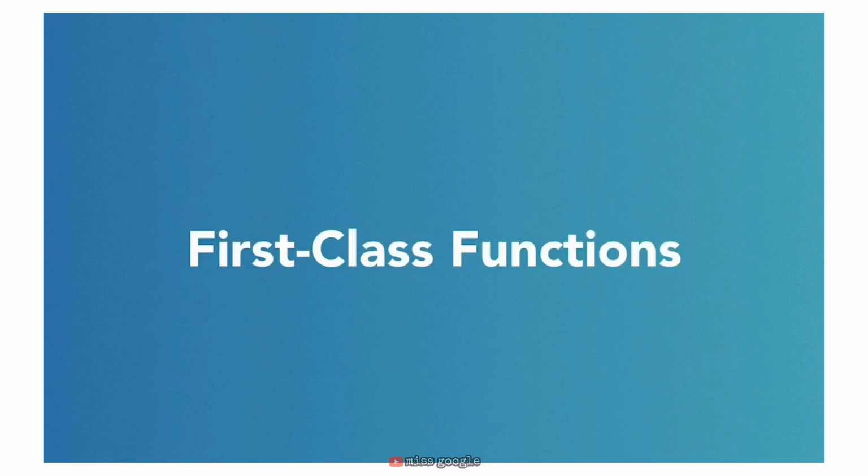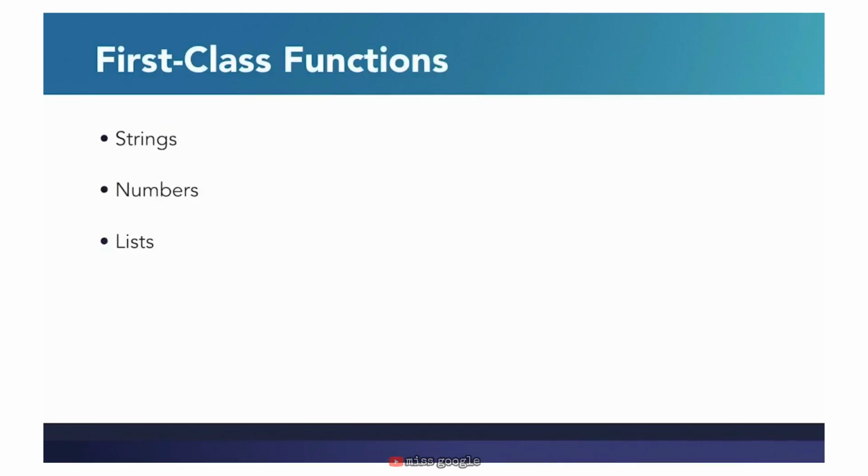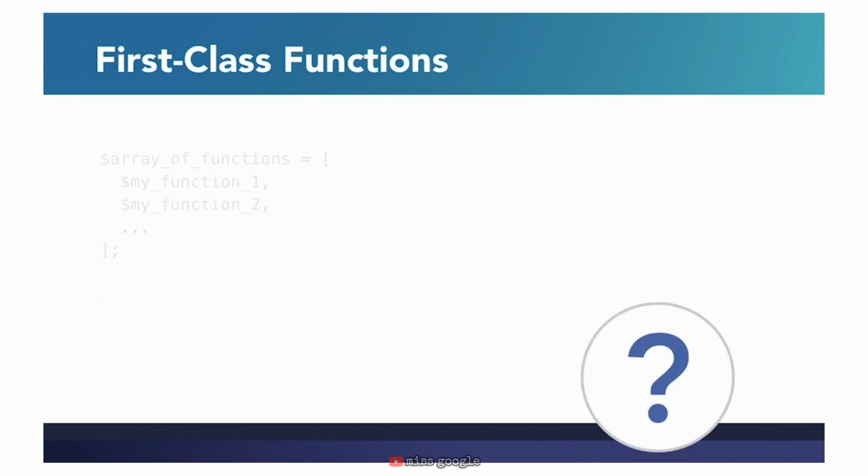The third major concept of functional programming is something called first-class functions. This is where things really start to get interesting and where the power and flexibility of functional programming really start to shine through. So what exactly do we mean when we talk about first-class functions? Well, in object-oriented programming, we generally treat data and functions as entirely different types of entities.